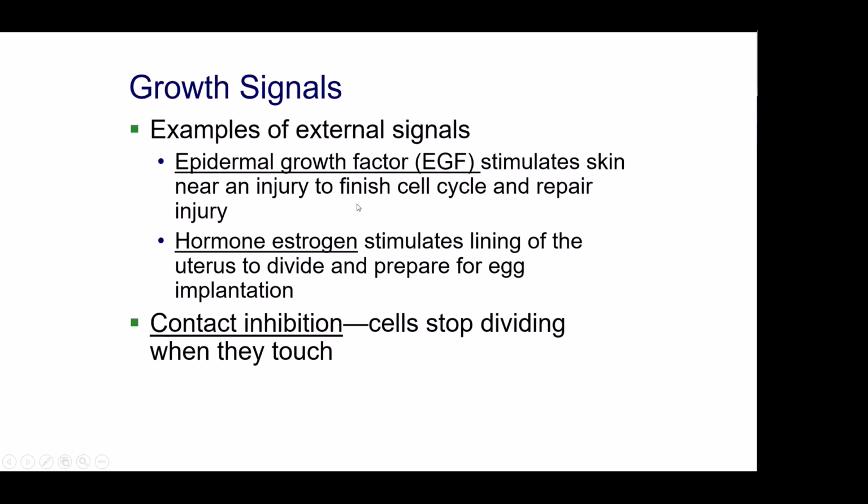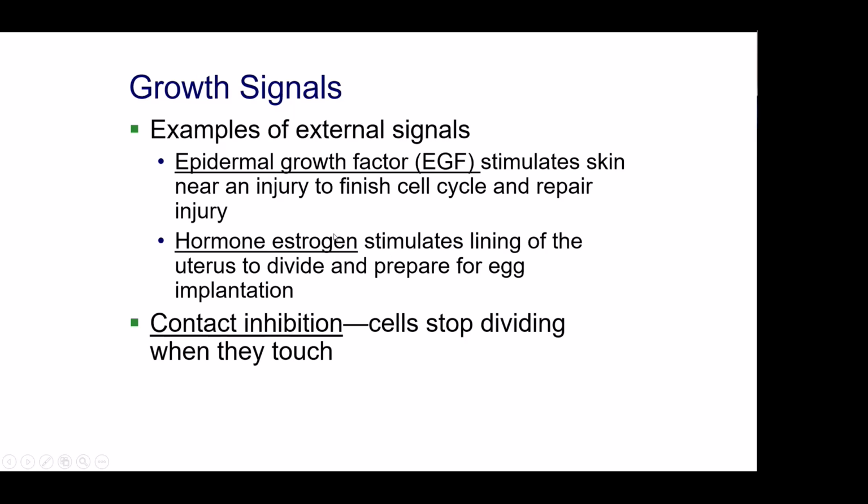This is a factor found within the body, which perhaps results in the formation of cell cycles near an injury. Of course, this is done more than perhaps normal because there is an injury. And of course, this can lead to things like scarring.